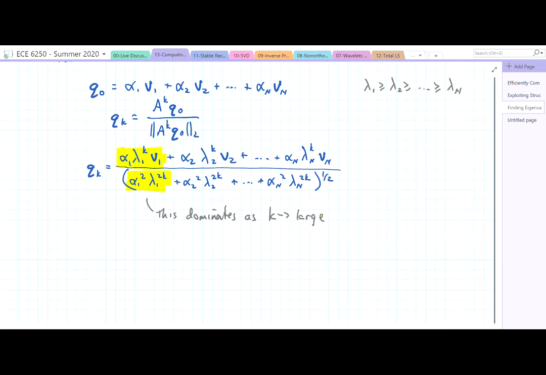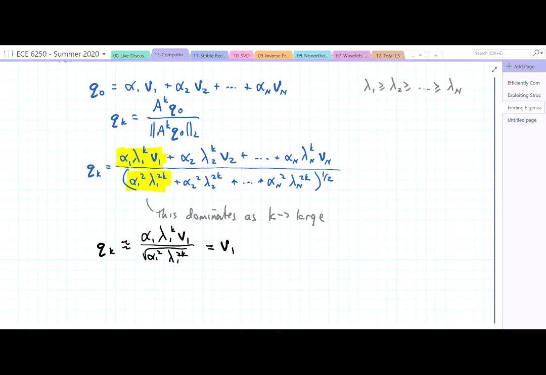So we have that QK is approximately equal to alpha 1 lambda 1 to the k V1 over the square root of alpha 1 squared lambda 1 to the 2k, and so that is just going to equal V1. So we run through these iterations, and essentially all the other terms disappear.